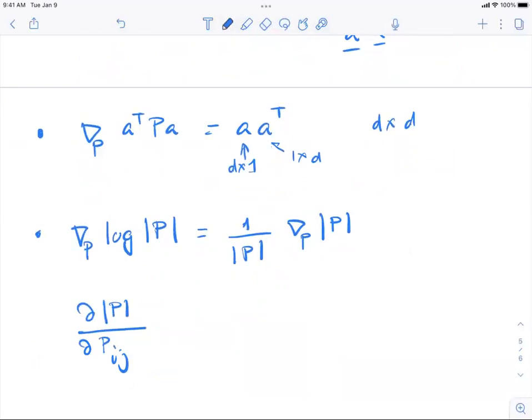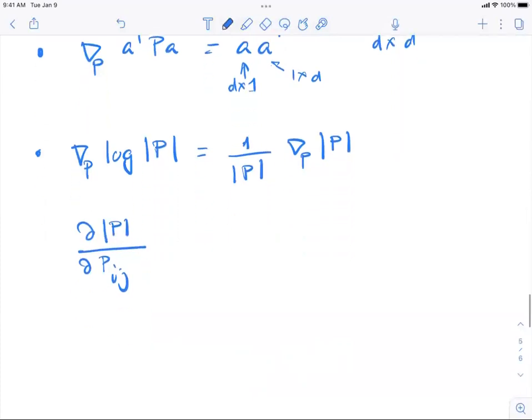Now we know actually how to compute determinants. We typically compute it using so-called minors. We basically delete the ith row and jth column and compute the determinant of a smaller matrix, etc. So we actually have to go into that level of detail. So let's do that. Let me just write down the expression as I talk.